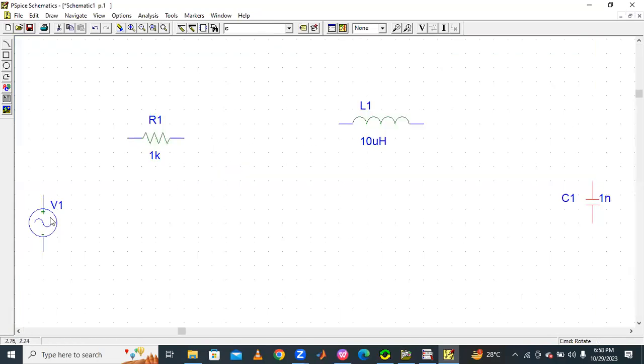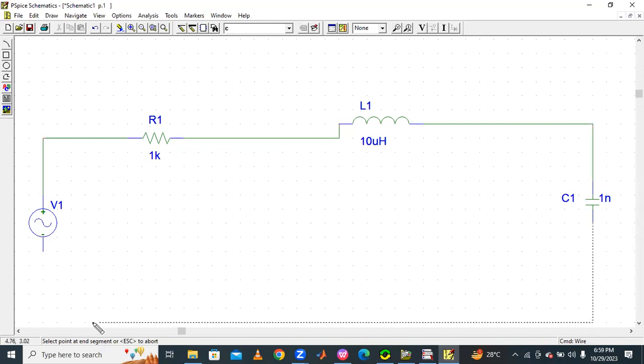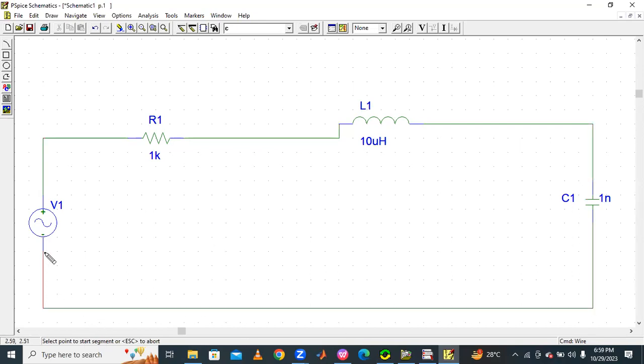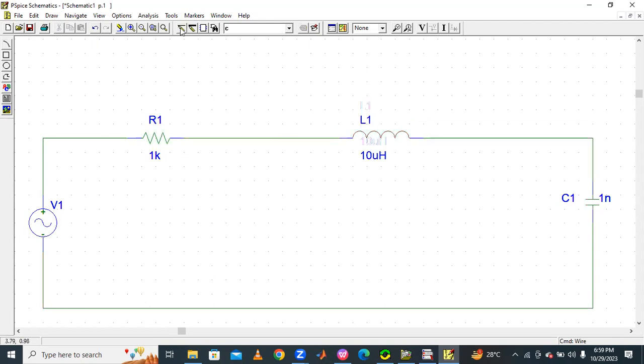These are the different elements in a series RLC circuit. Connect these elements using wire in this way, in the proper way.